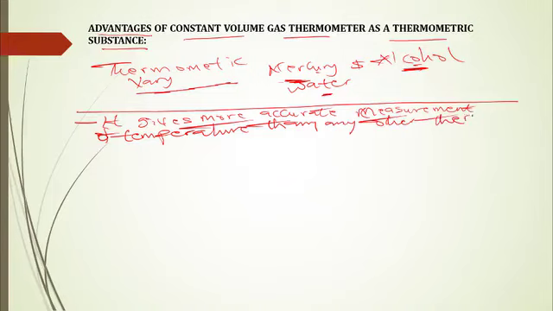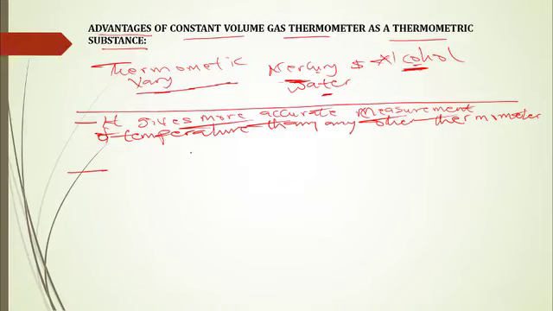So it's very important to put that into consideration. That is the advantage of constant volume gas thermometer. And now let's talk about the second advantage of constant volume gas thermometer.